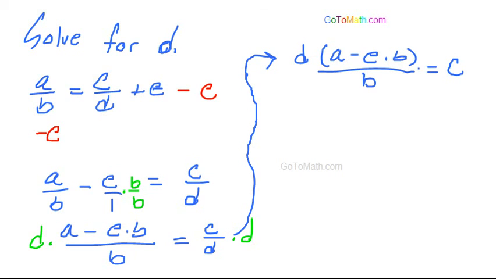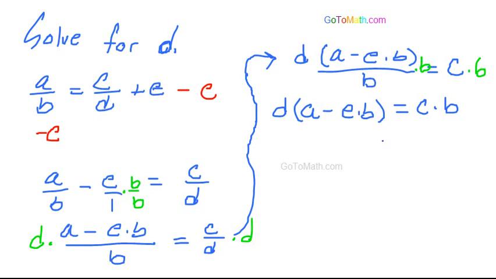In other words, I'm multiplying both sides by B. Should we skip that step? Maybe we shouldn't. Multiply both sides by B. And so now we're left with D times A minus E times B is equal to C times B.